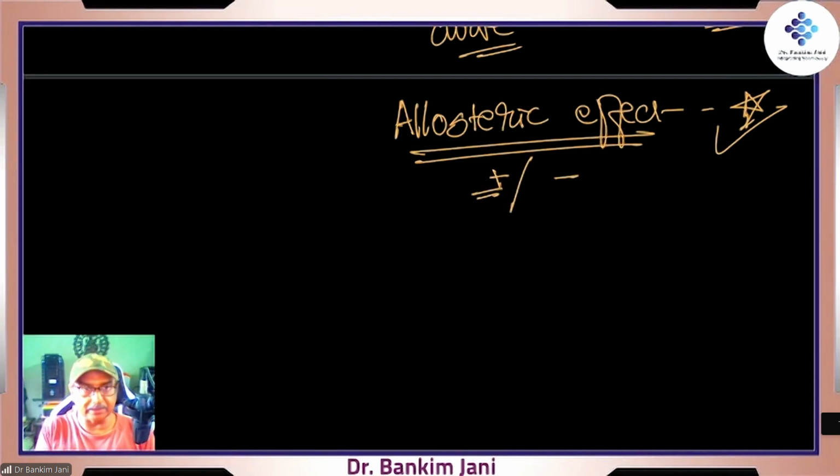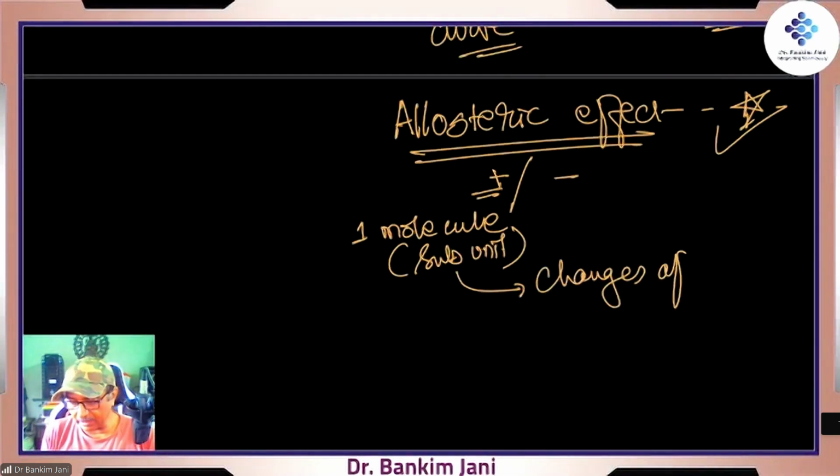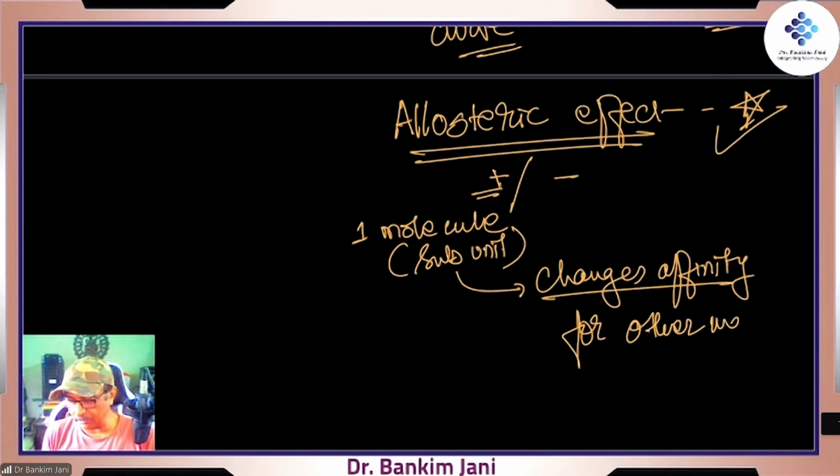Positive means, say the things we just saw. The definition of it is that one molecule, or it is also called a subunit, one molecule or one subunit changes the affinity of binding for other molecules or subunits.